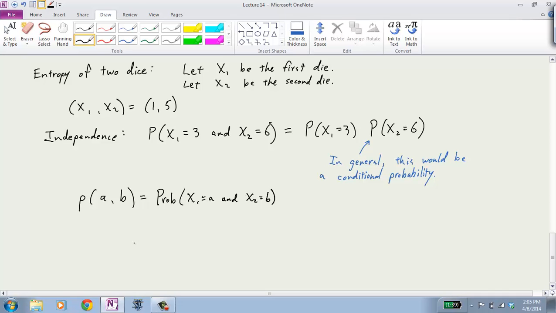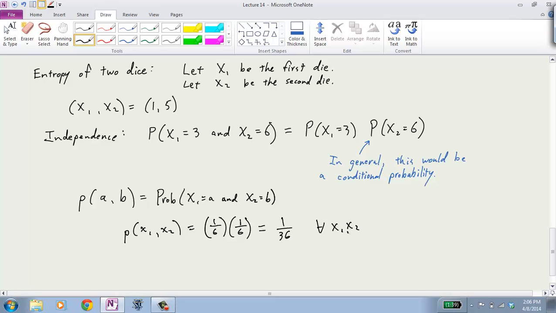So that means that what we know here in the dice rolling case is that P of x1, x2 is going to equal 1/6 for the first value, since every outcome has a 1/6 chance, times 1/6 for the second value, because they're independent, right? So it equals 1 over 36 for all x1, x2 that could occur.